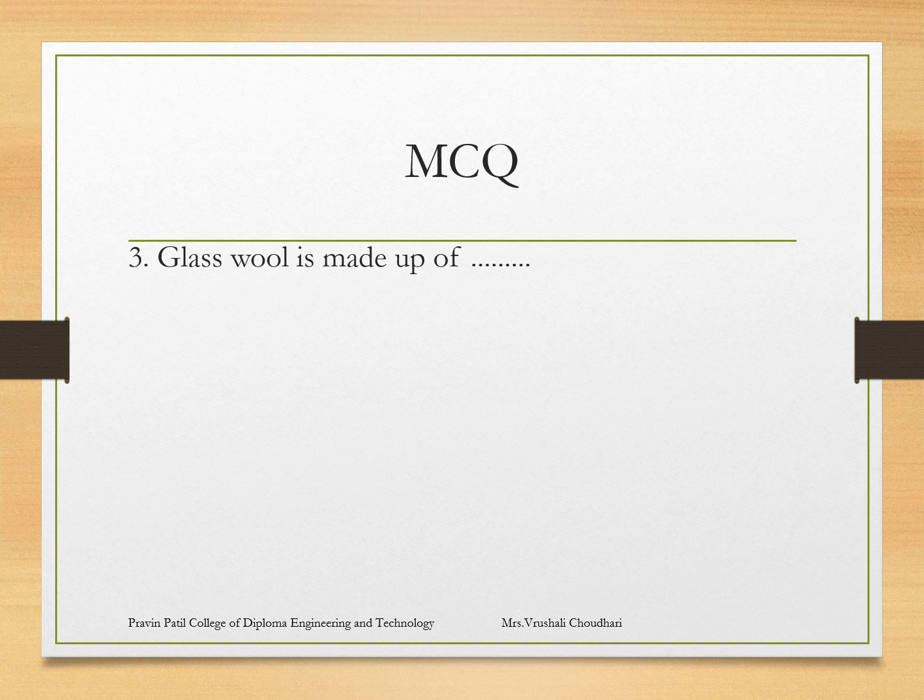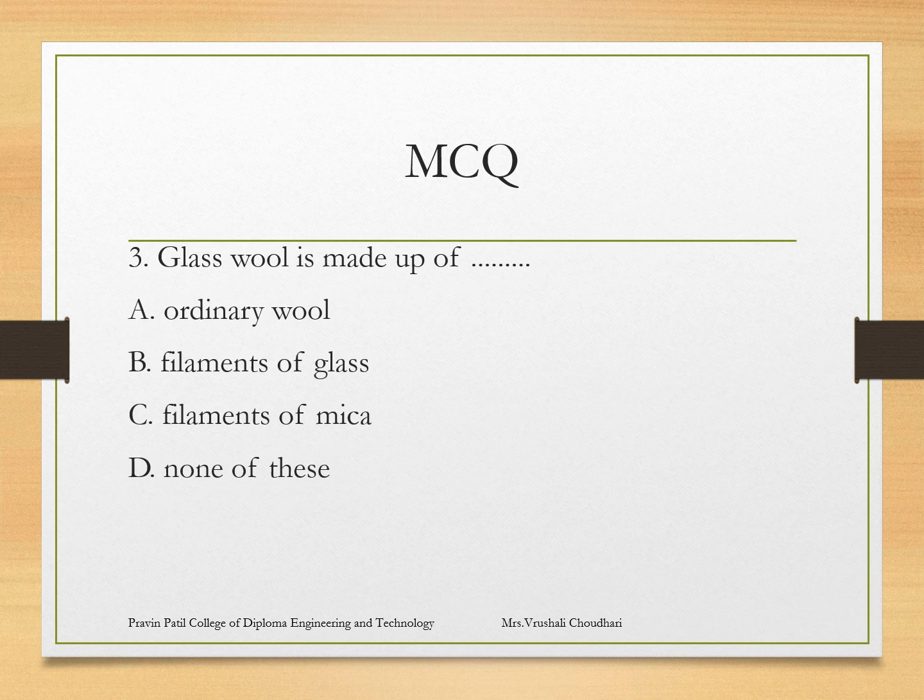Glass wool is made up of: ordinary wool, filaments of glass, filaments of mica, none of these. The options themselves show it is made up of filaments of glass. Glass wool is a wool-like structure obtained from glass, so chemically it is glass only.